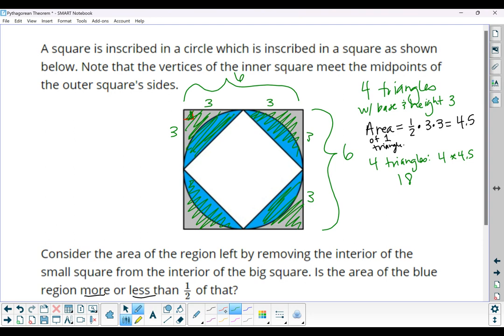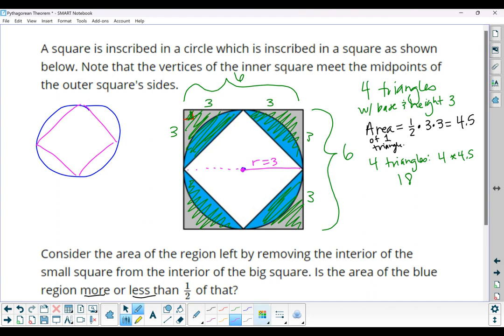All right, well, now we need to think about the blue region. The blue region is a little bit tricky to calculate. So it's got a circle with a square that's been cut out of the circle. So it's the blue circle minus the pink square. Well, the blue circle has a radius of 3 because its radius is half of that larger outer square.